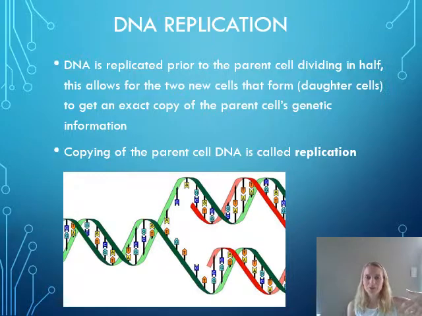And that's exactly what the cell does. Because the DNA is a double helix, when you split it apart, each half serves as a template to make new daughter strands. That's the red bands showing here: the new DNA is made by adding the complementary base to the parent strand, what we call the template strand.